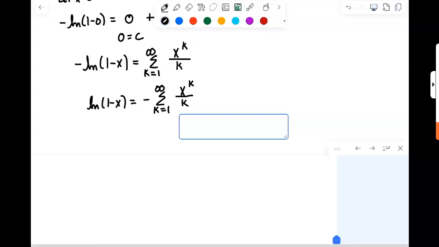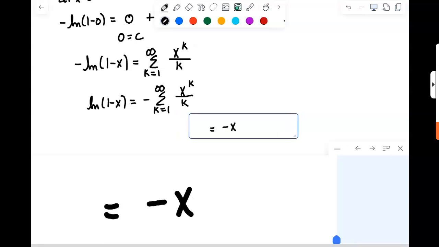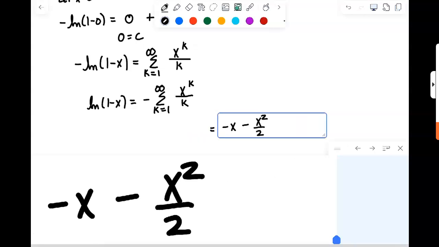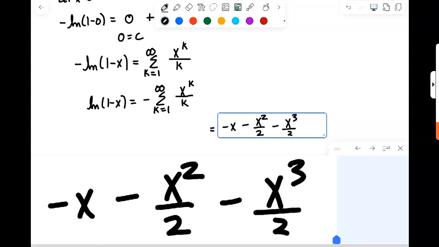Expanded out, it would look like this: minus x, minus x squared over 2, minus x cubed over 3, and so on. And so we have this infinite series.